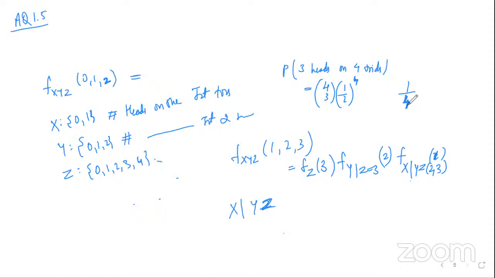Then for the second part, Z equal to 3 and Y equal to 2. I'm getting only 2, probability is 1.5. Given that there are 3 heads in the 4 trials, what is the probability that the first 2 tosses have 2 heads?